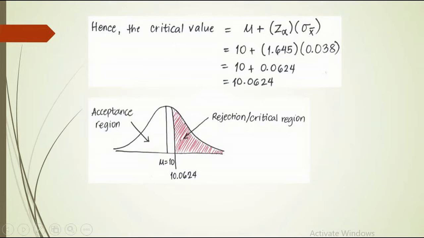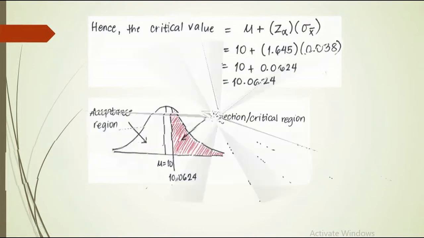So that is equal to 10 plus 1.645 multiplied by 0.038. That is equal to 10 plus 0.0624, which is equal to 10.0624. Now this is the acceptance region. This is the rejection or critical region, and this is 10.0624.